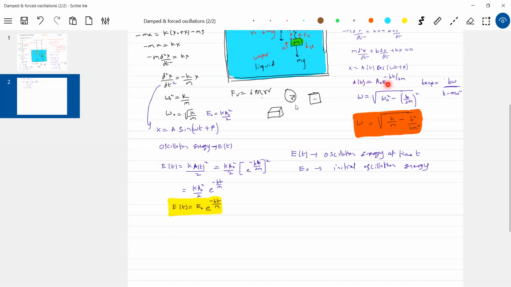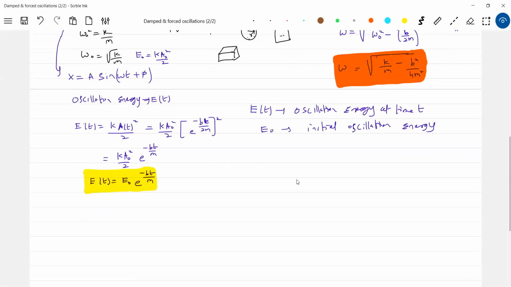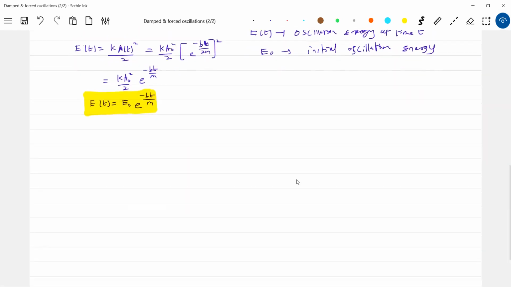This amplitude itself will vary. Can you expect the curve, the amplitude will vary with the time? Definitely. The value of b will determine how that amplitude will vary. So now let me go for the plotting of graphs. Looking at these equations, I'm interested to know how that amplitude varies with the time.